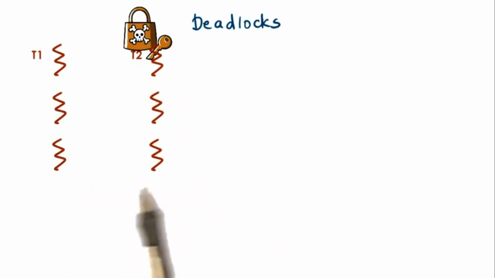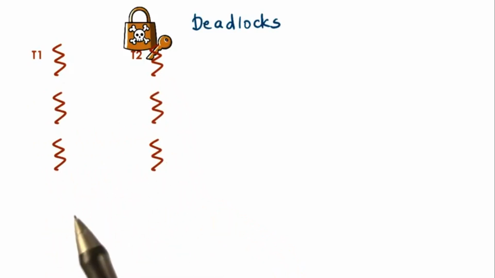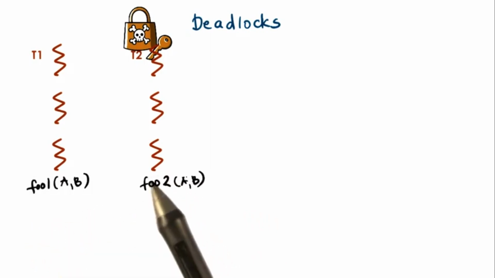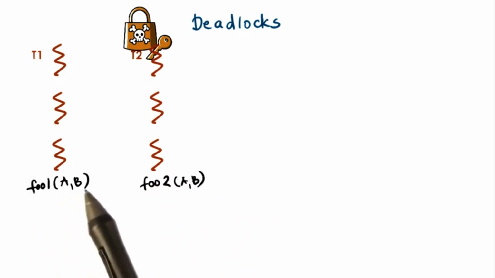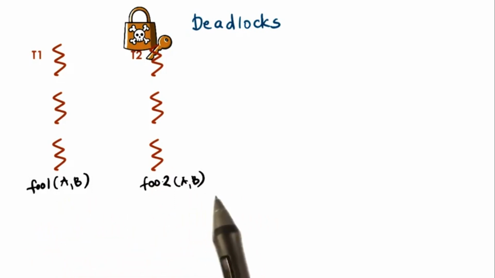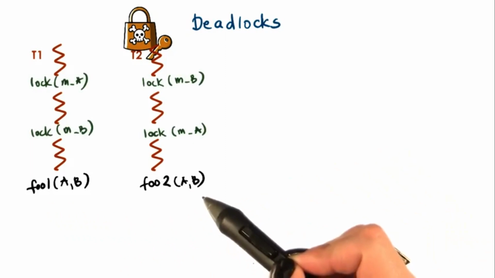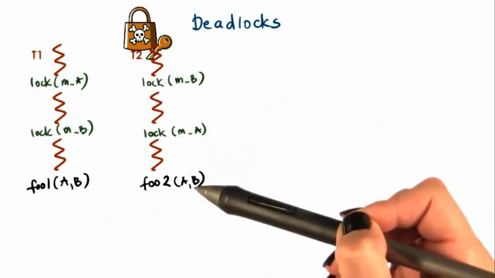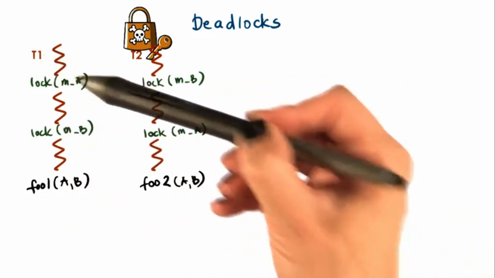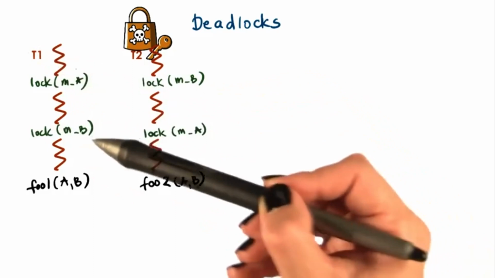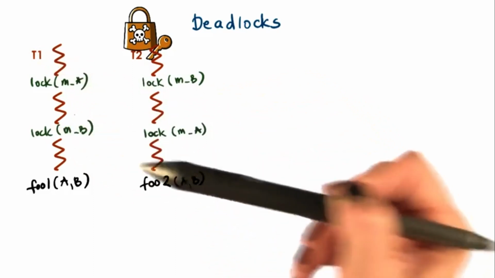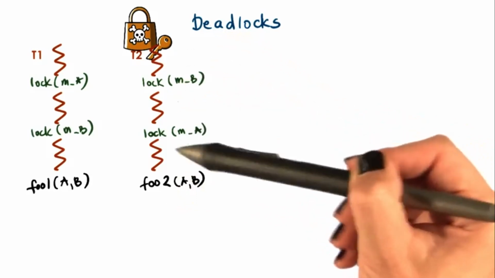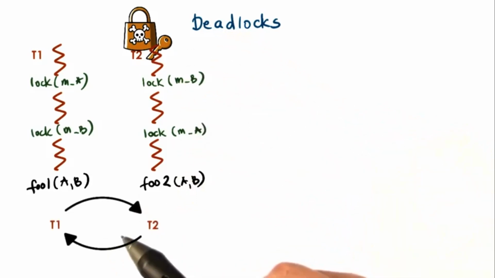They need to perform some operation involving some variables A and B. And in fact, the two threads don't even need to perform the same operation on A and B, but let's say they both need to access these shared variables A and B. Before performing these operations, they must lock the mutexes that protect the shared variables A and B. And let's say T1 first locks the mutex for A, and then locks the mutex for B. And in the case of T2, T2 first locks the mutex for B, and then locks the mutex for A. And this is where the problem is.